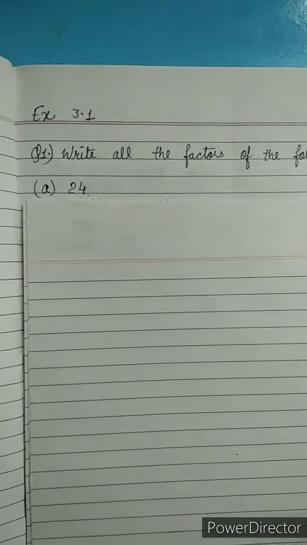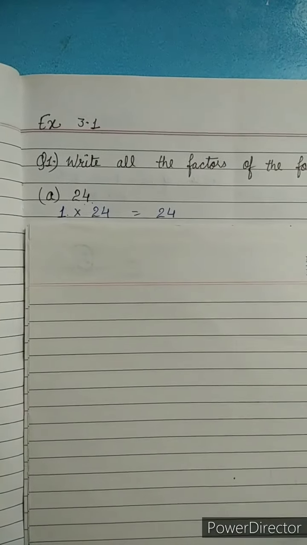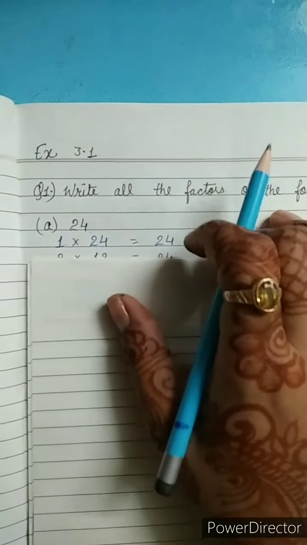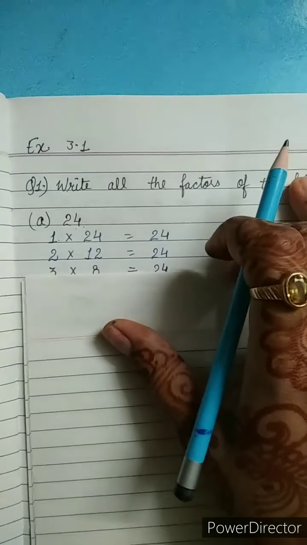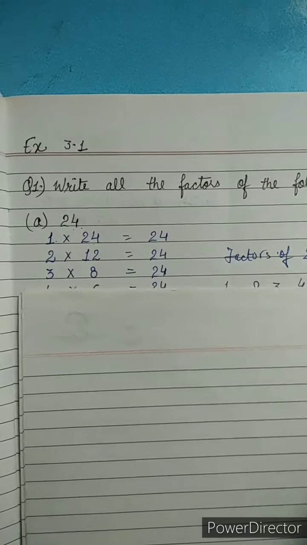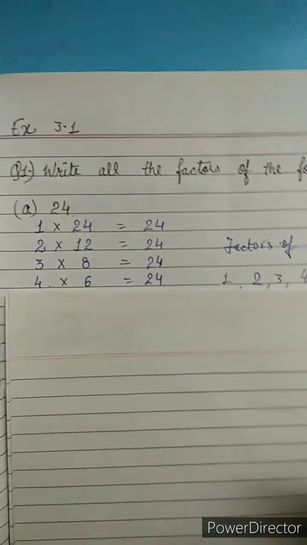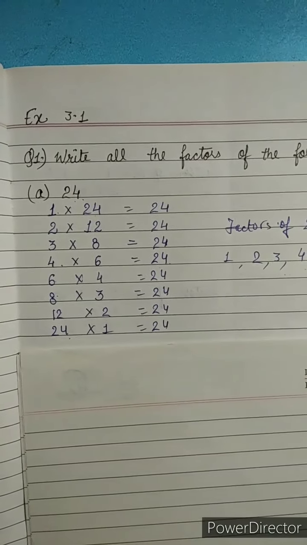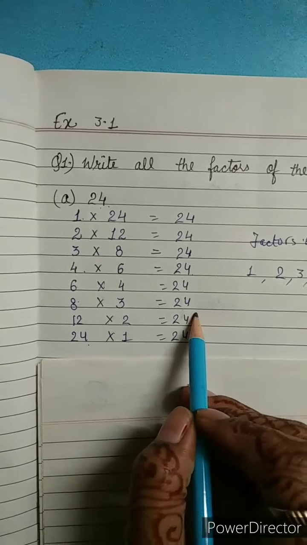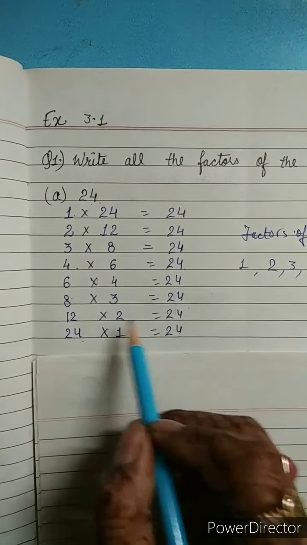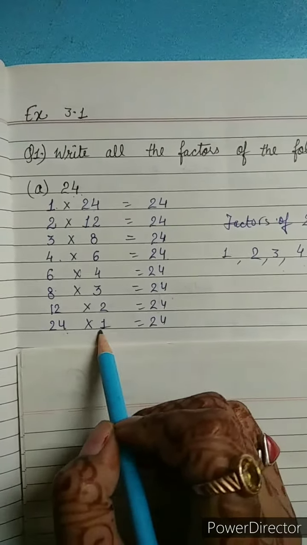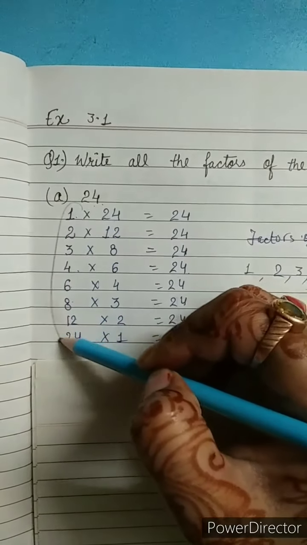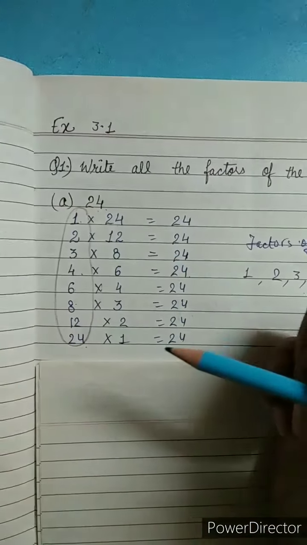So we always start with 1: 1 24s are 24, 2 12s are 24, 3 8s are 24, 4 6s are 24, then 6 4s are 24, 8 3s are 24, 12 2s are 24, 24 1s are 24. So in these tables 24 is coming.